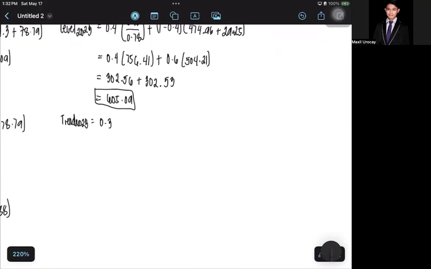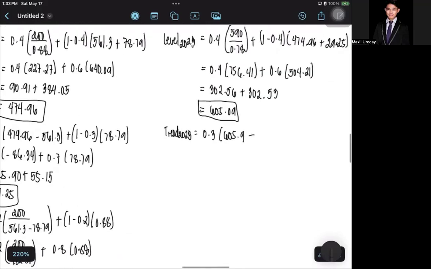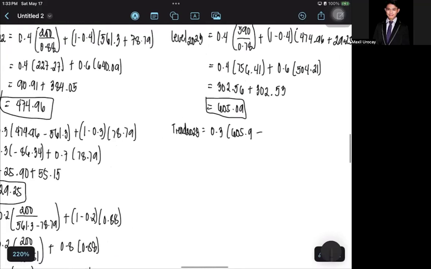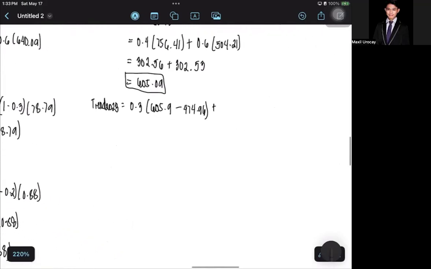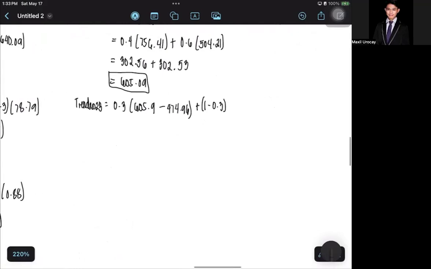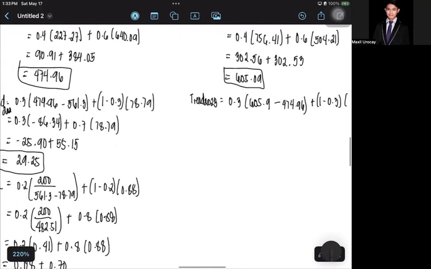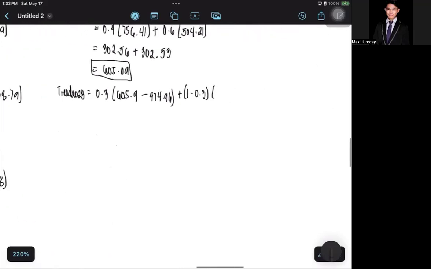And then you will multiply that into the current level, and your current level is 605.09. Then deduct that from the previous level, and the previous level is 474.96. And afterwards, you will add that to the parameter 1 minus 0.3 and multiply that into the previous trend that you do have, which is 29.25.